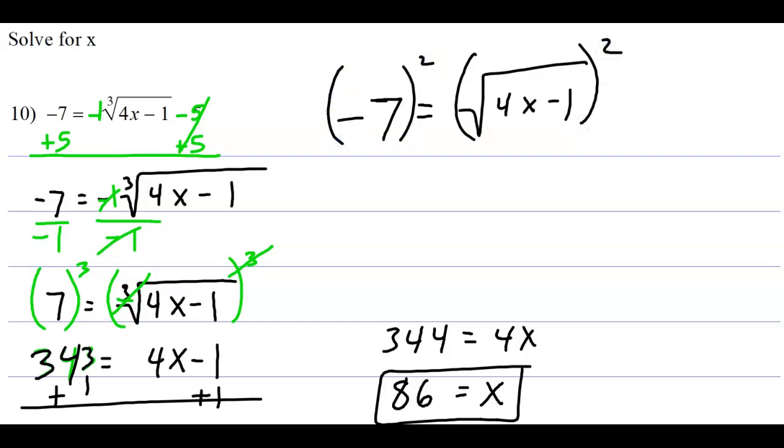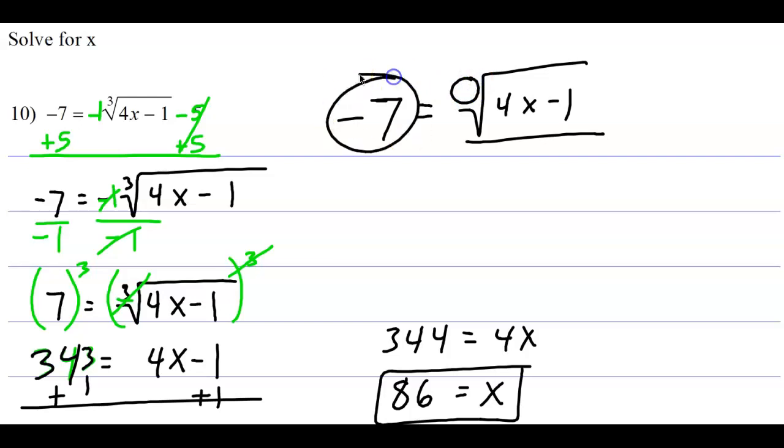But the problem is if you do that, you're going to get an answer, but your answer is going to be wrong. And the reason for that is because square roots are not allowed to equal negative numbers. So if you ever see a square root, in fact, if you ever see any root with an even number for a root here, it can't equal a negative. So if you had that, that would be a no solution answer. So you got to watch out for those kinds of situations.